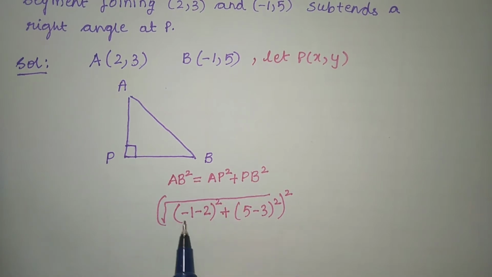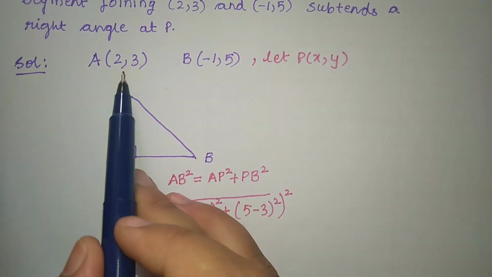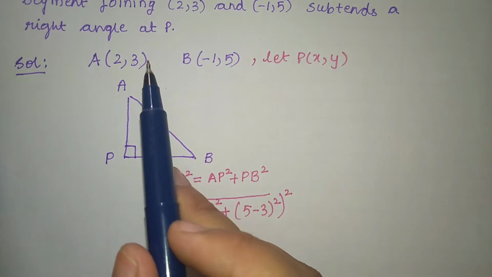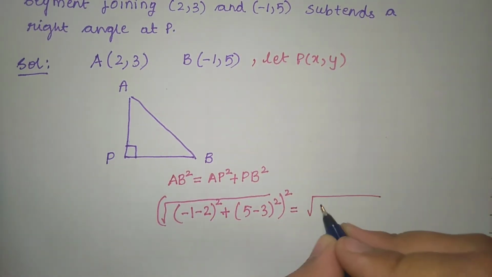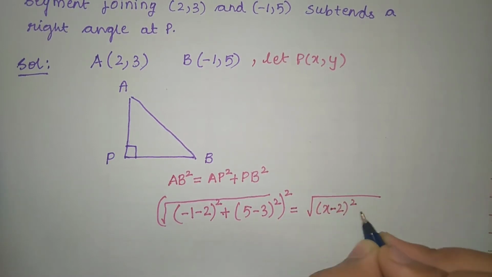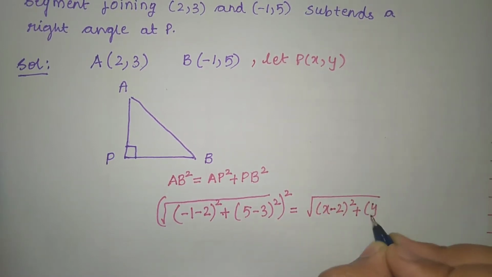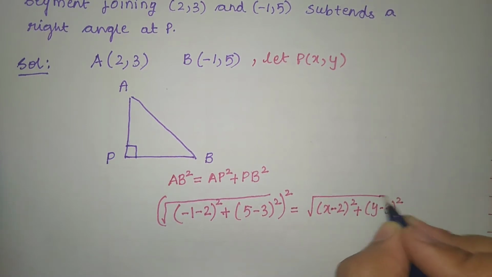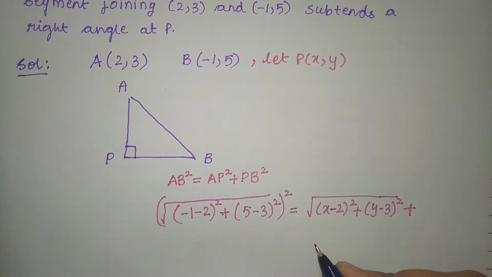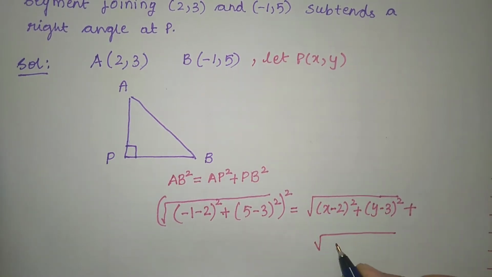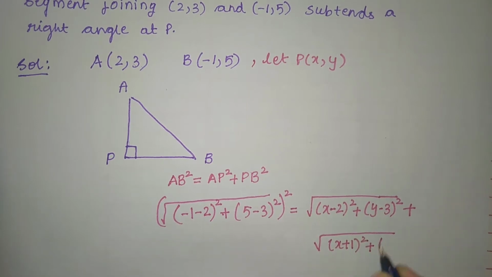So under root (x2 minus x1) whole square plus (y2 minus y1) whole square, and we have (x minus 2) whole square plus (y minus 3) whole square, plus PB square, (x plus 1) whole square plus (y minus 5) whole square.